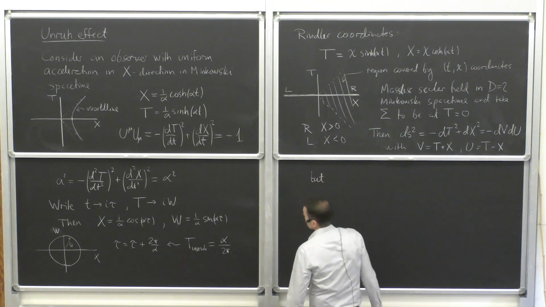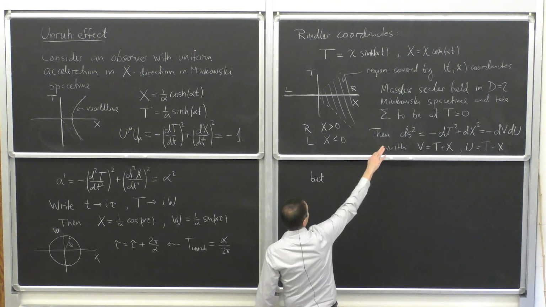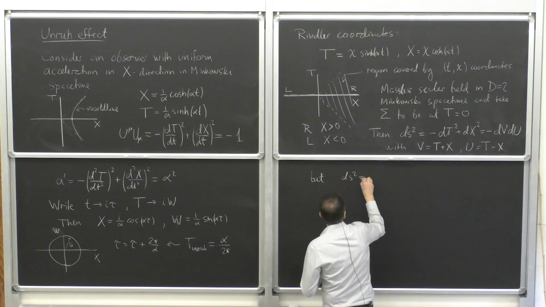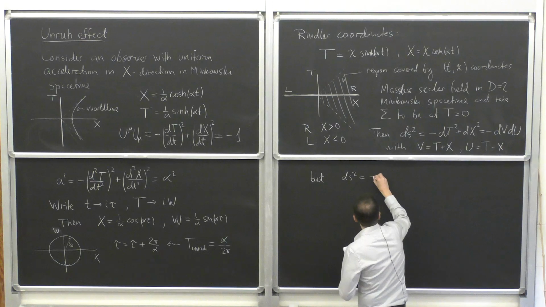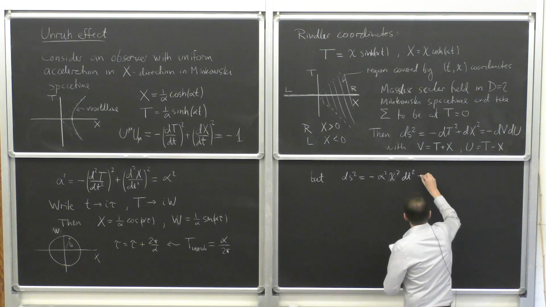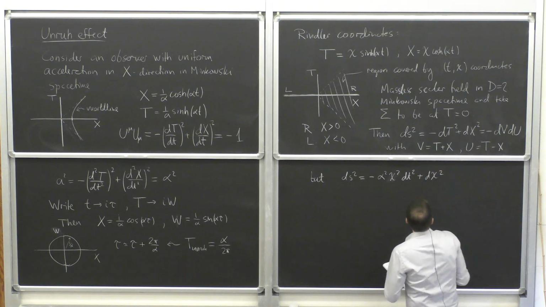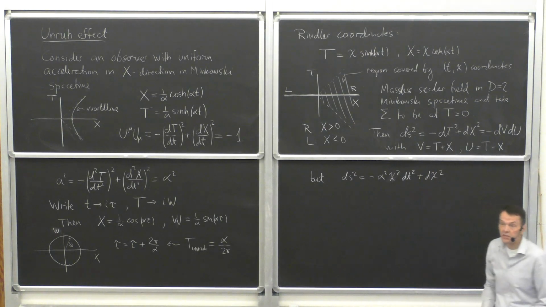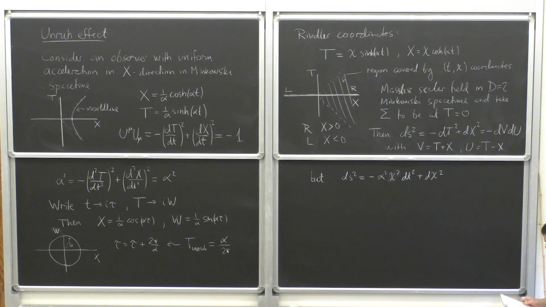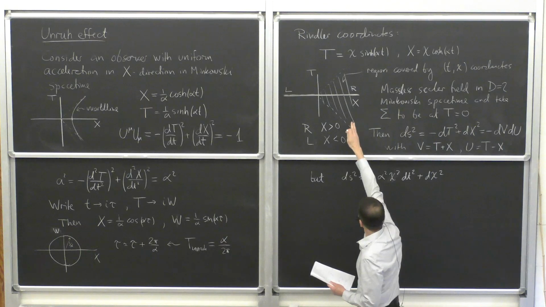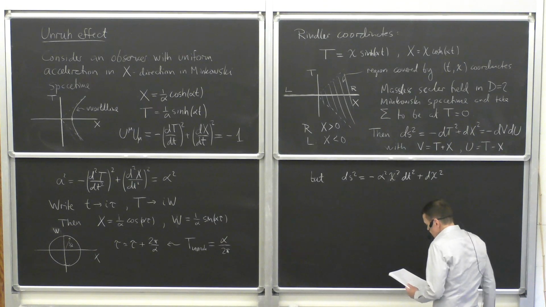But it's also not hard to see, if you use the Rindler coordinates, that you can write this as minus alpha squared chi squared dt squared plus d chi squared. I just do that coordinate transformation, work out the line element, and this is the answer I get. This is valid for chi greater than 0, so it describes this region here.